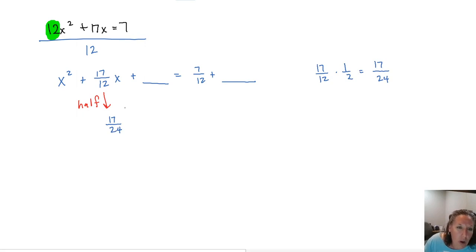And then we want to square that. So if we square 17, we get 289, and then squaring 12, we get 144.